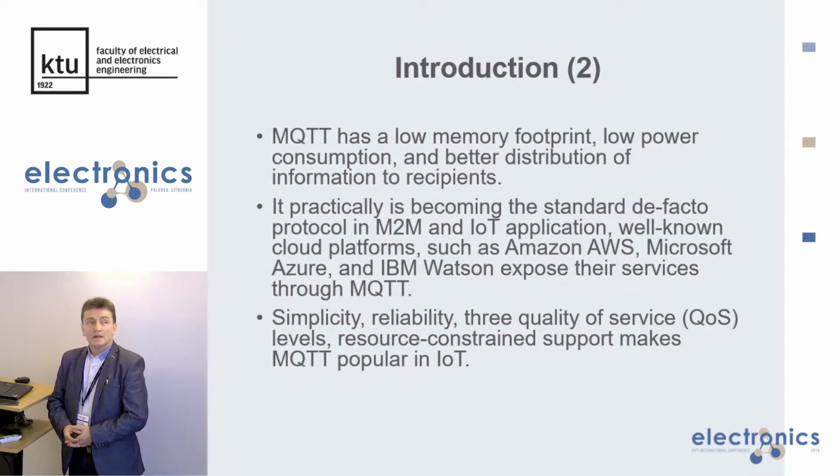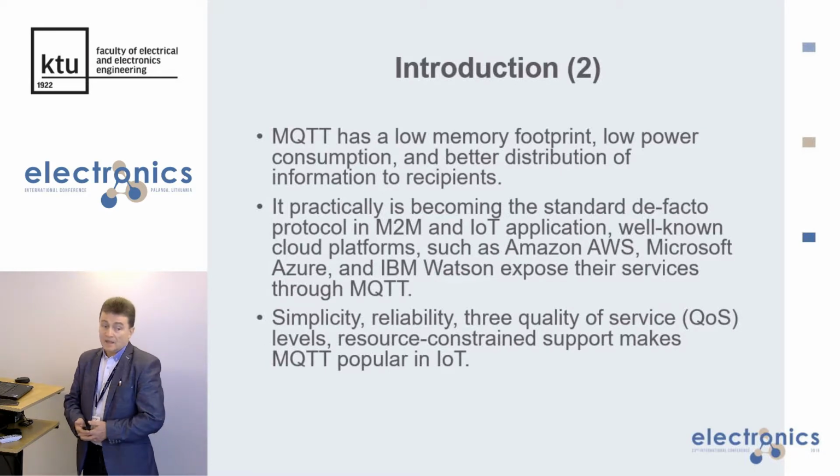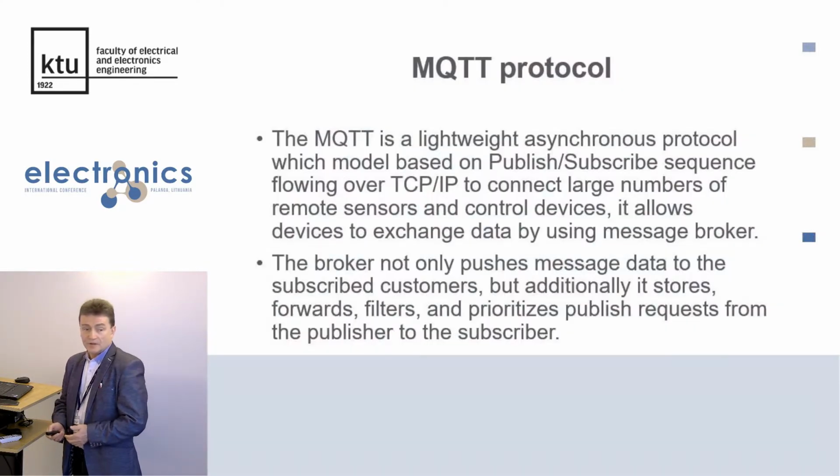MQTT, which was researched in our experiment, has a low memory footprint, low power consumption, and better distribution of information to recipients. Its simplicity, reliability, three quality of service levels, and resource constraint support make MQTT very popular in the Internet of Things.